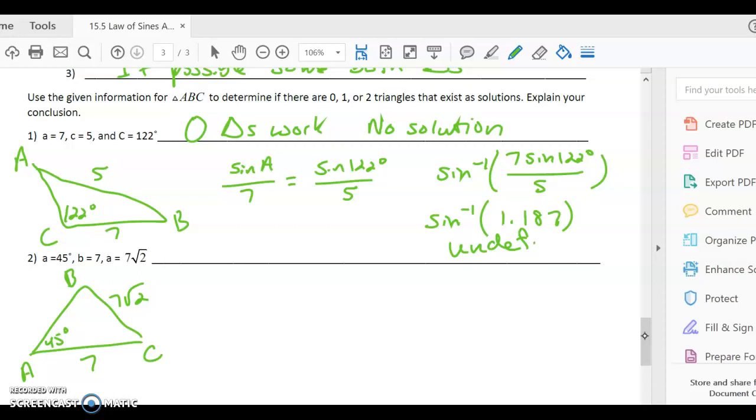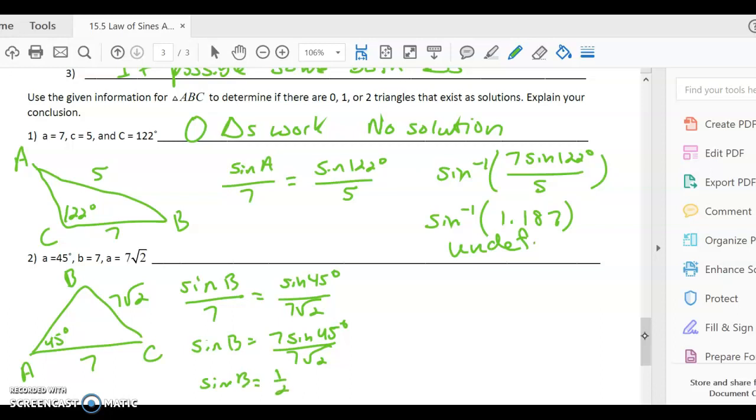So if we look at angle A, which is 45, the first angle we'd have to solve for is B. So we would have the sine of B over 7 equals the sine of 45 over 7 rad 2. So I'm following our steps. We're using the law of sines to find the acute angle. So when we do this, we multiply through by 7. We're going to get the sine of B to equal 1/2. So we know B is equal to 30 degrees.